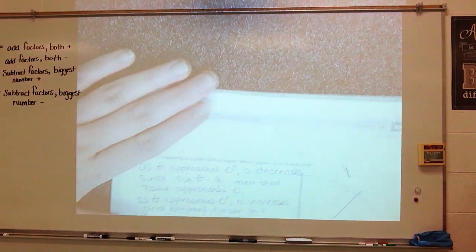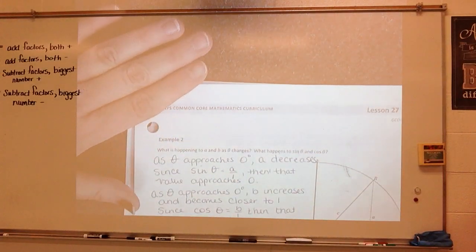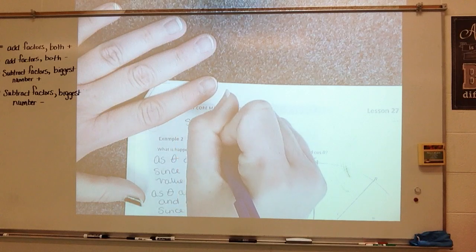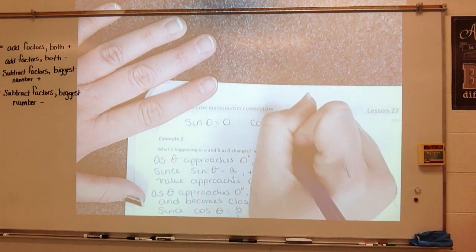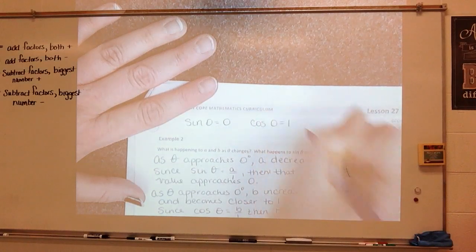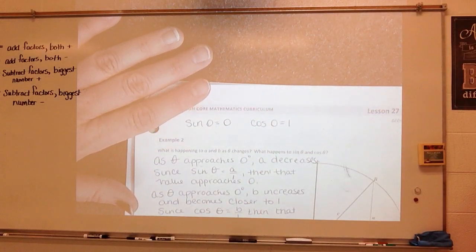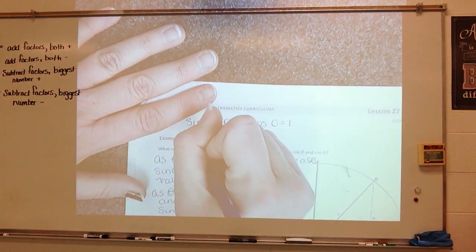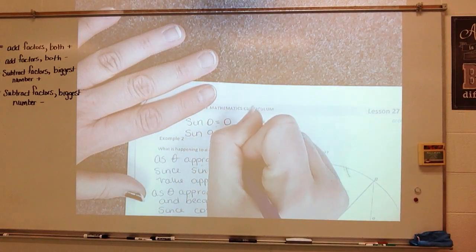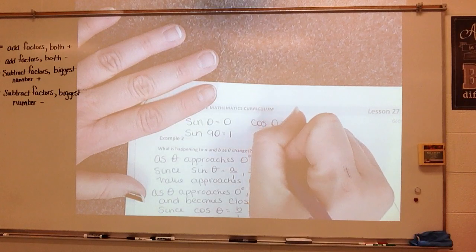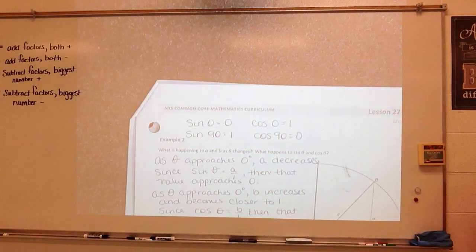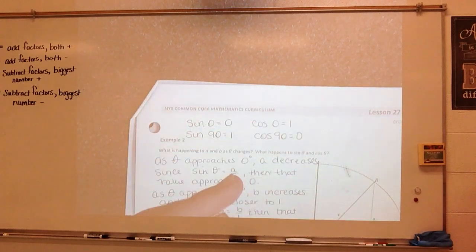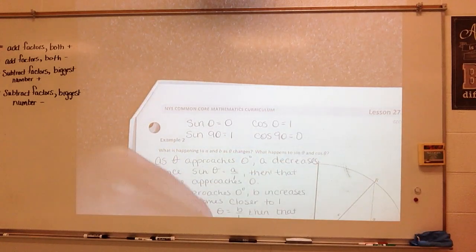Up here, I'm just going to make a note of that. The sine of 0 is 0. The cosine of 0 is 1. And then the sine of a 90-degree angle is 1. And the cosine of a 90-degree angle is 0. Now, you're not going to see that, but just have an idea of what's happening.